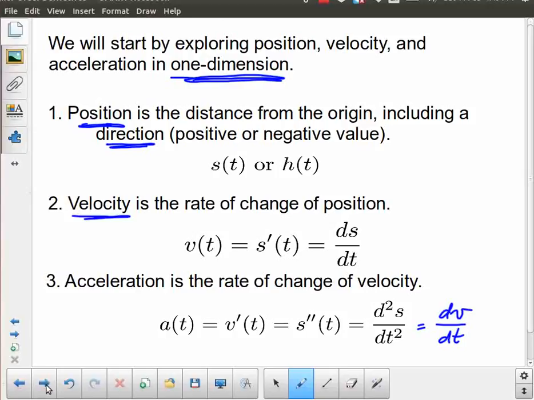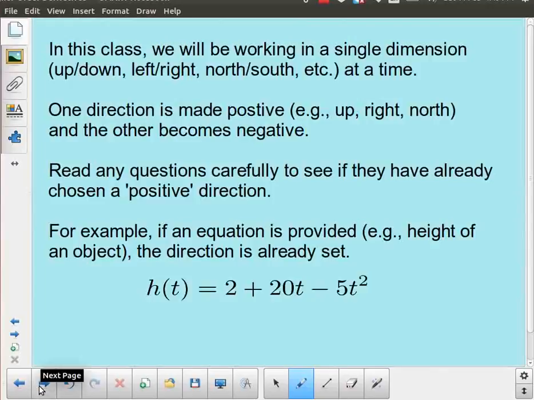So just a little bit more discussion about that. Because we're working in a single dimension, generally that's going to be up and down. If we're talking about the height, for example, an object being thrown into the air or dropped off of a building. Left and right, you might have to apply this in other situations. You might be dealing with something like north or south or east-west.